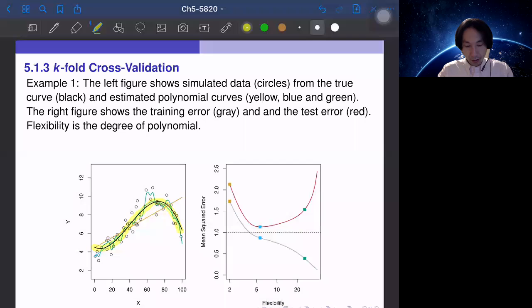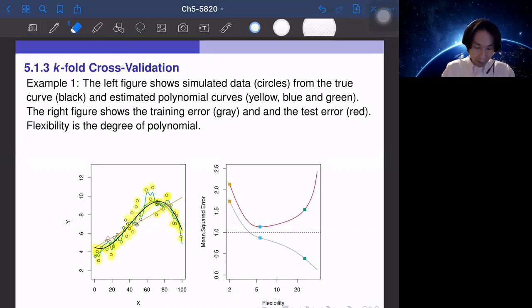Since this is a simulation, we add some noise to it, and those are the black circles. Then we fit the 3 models, the yellow one, the blue one and the green one. So these are different models.